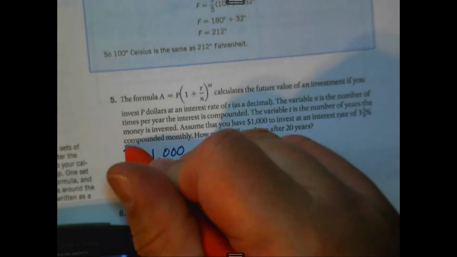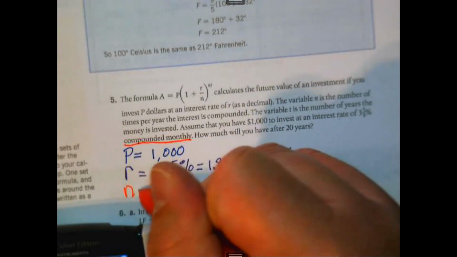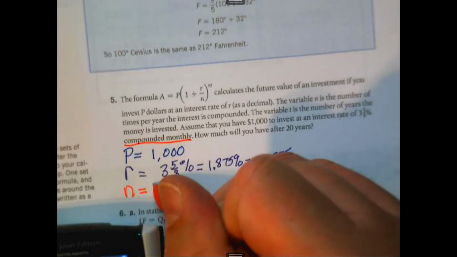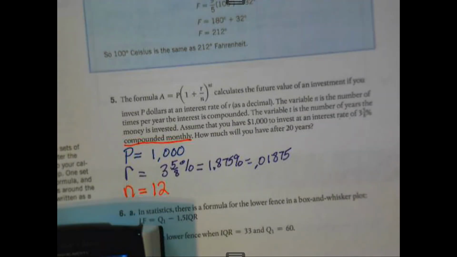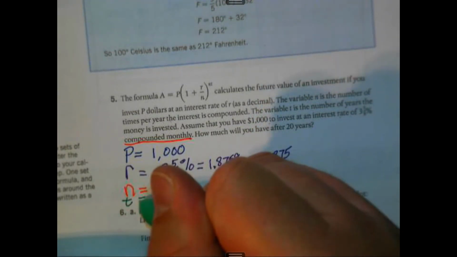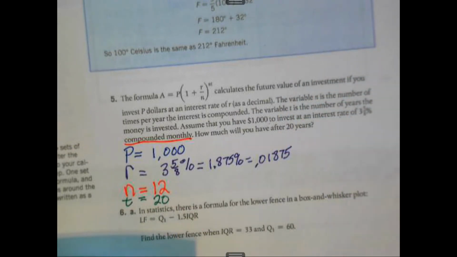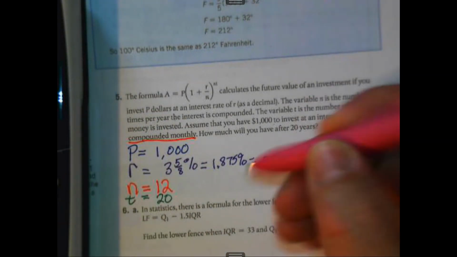Compounded monthly, so that's my N, the number of times compounded. There's 12 months in a year, and for 20 years. So T, total time, 20 years. So I'm going to go ahead and put that all in a formula.